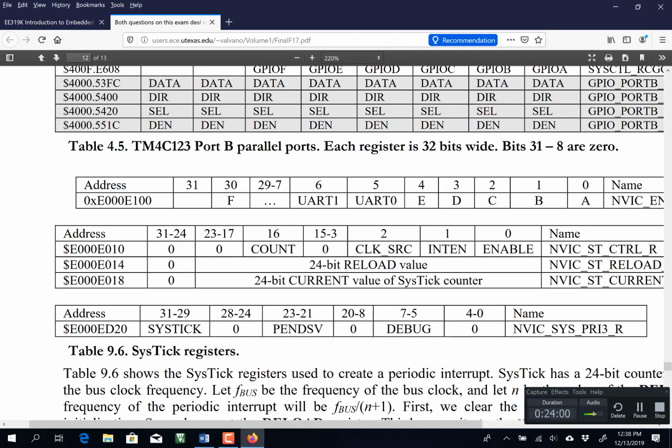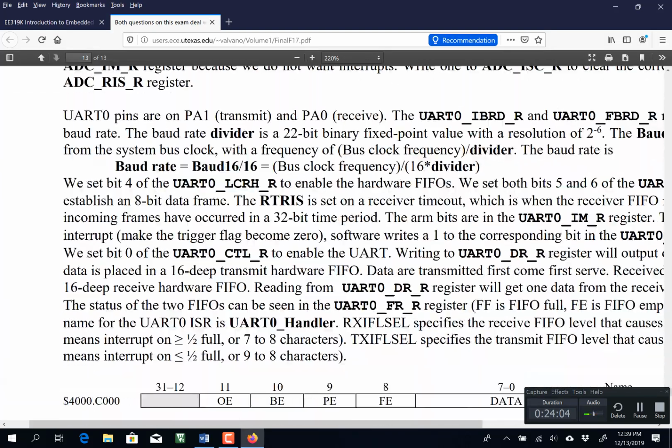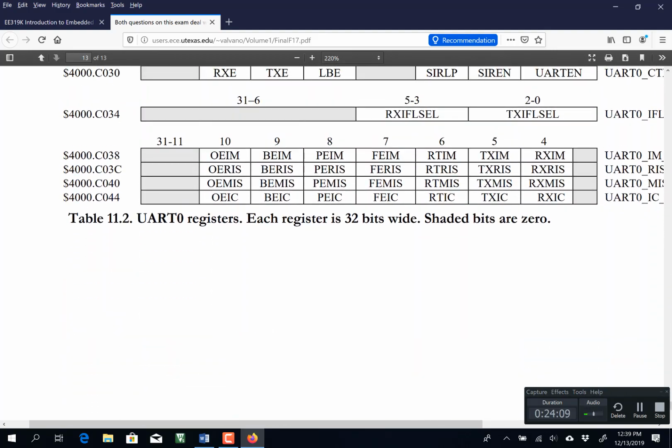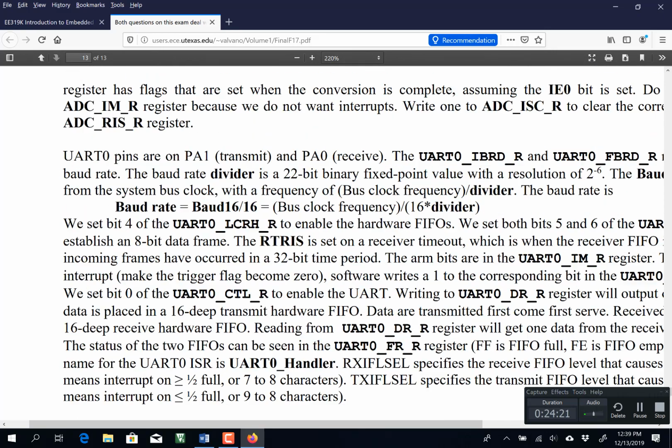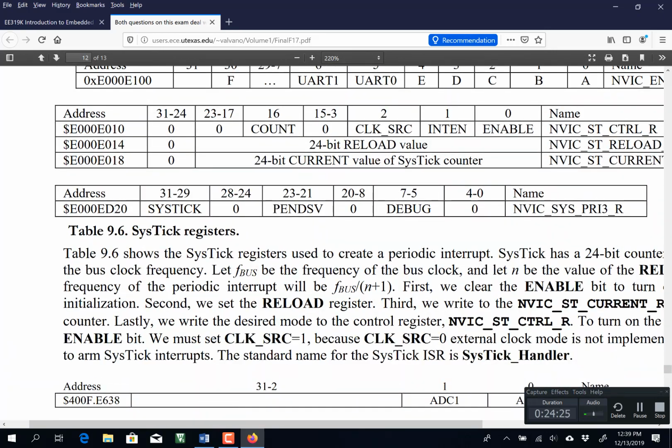And each of the other guys has its own priority register. In this particular exam, I didn't ask you to set the priority for UART, so I don't need you to memorize which register is which. But this should make sense to you right here.